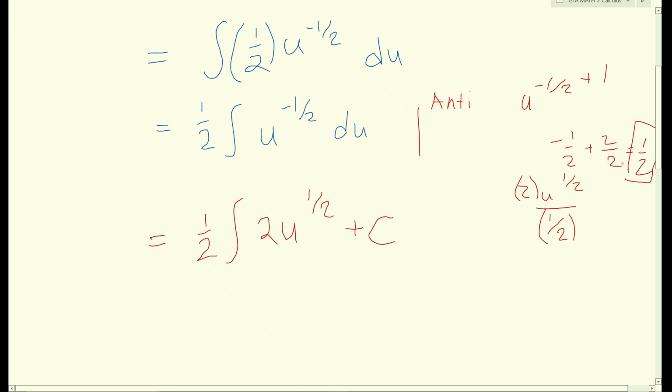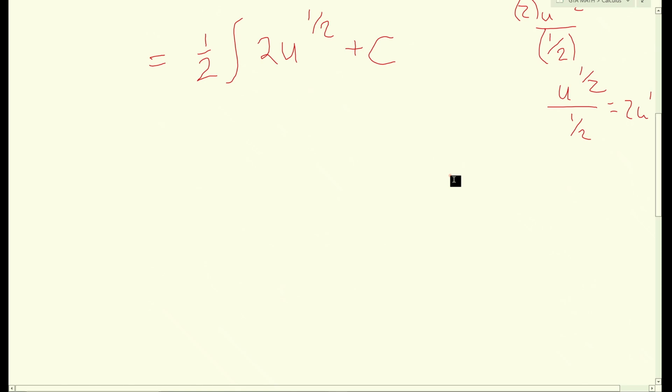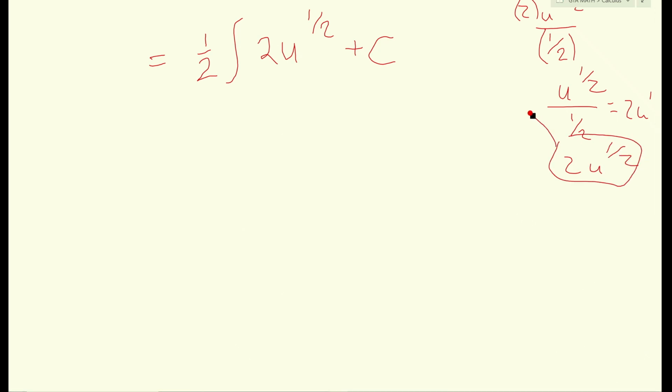So we said, all right, we have u to the 1/2 divided by 1/2, which became 2u to the 1/2. Oh, that's not what I wanted to happen. But you get what I'm saying. And this is what we ended up with. And we plug this in here.